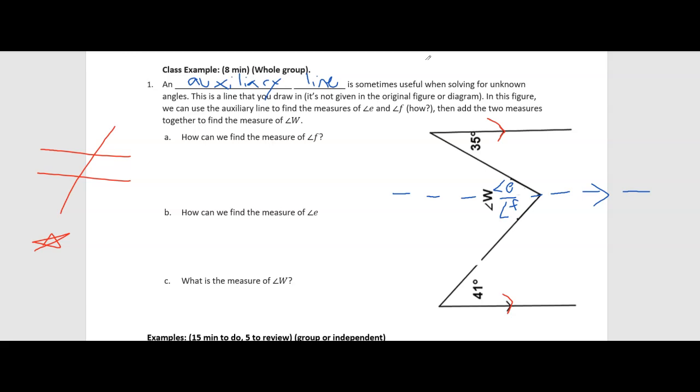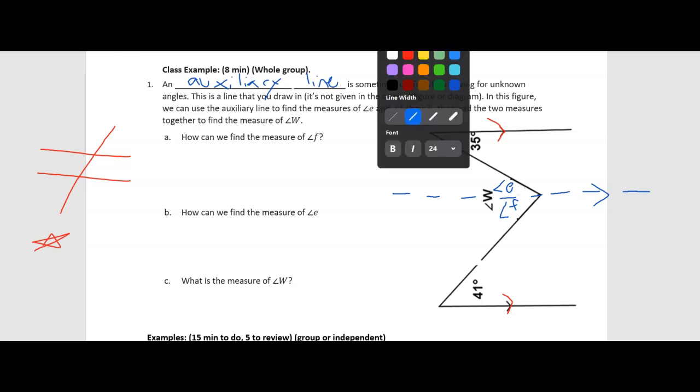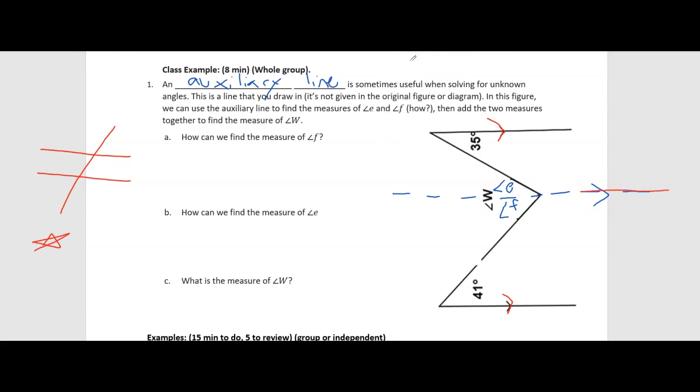So now we may be able to break the diagram up into two separate diagrams. So all we're going to do right now is focus on these two red parallel lines.